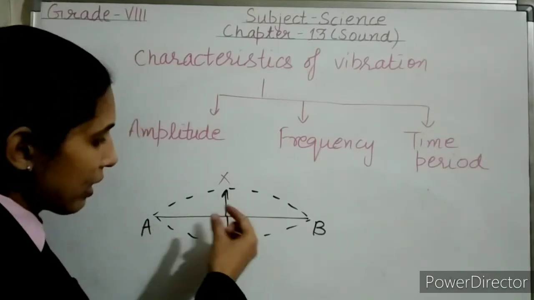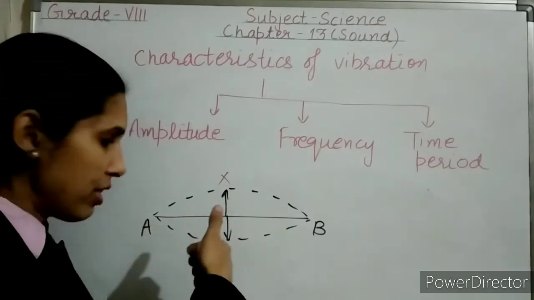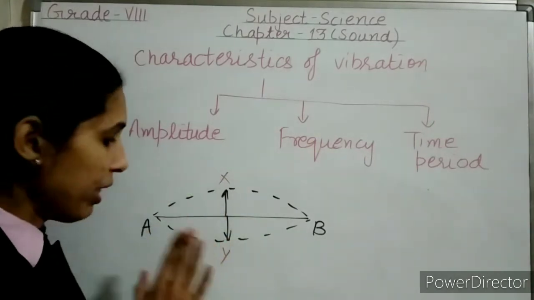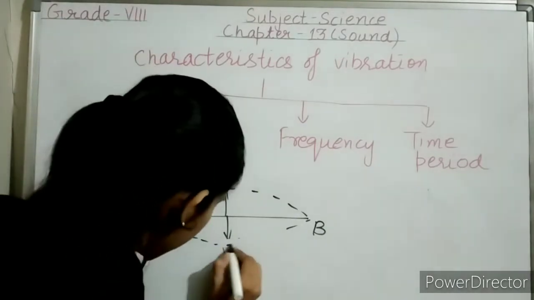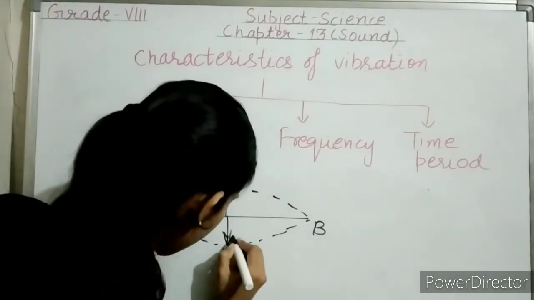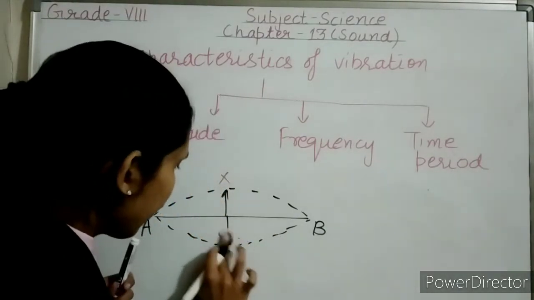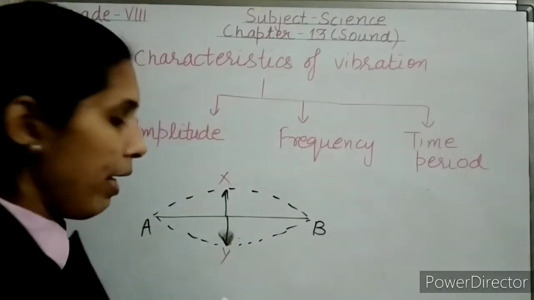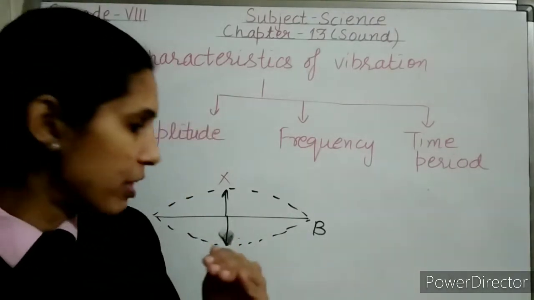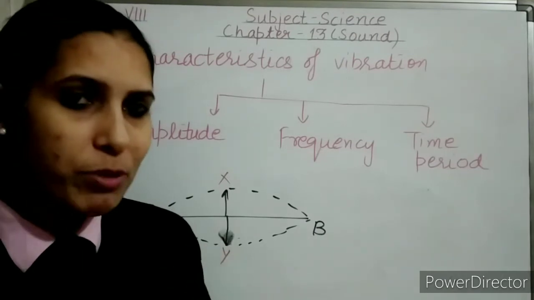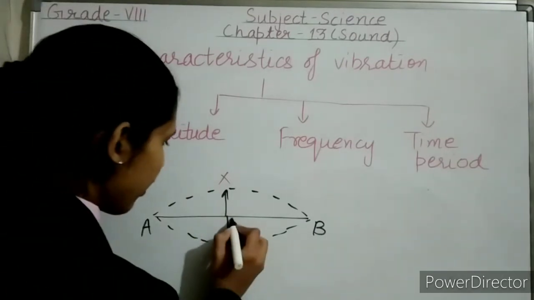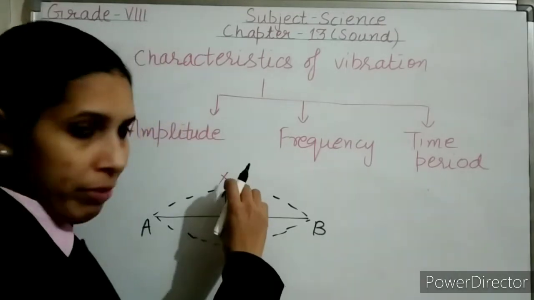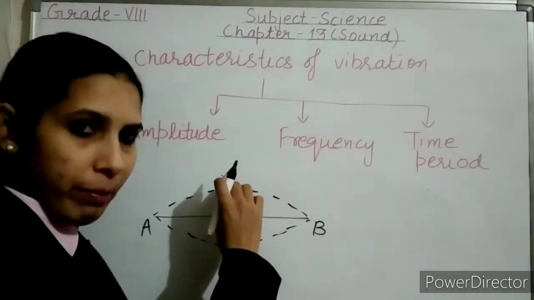You can consider the displacement on any one side, because on both sides it will be equal. So amplitude means the maximum displacement of the vibrating object from its central position. In this case, let's say this is O. So XO will be the amplitude of the vibration.